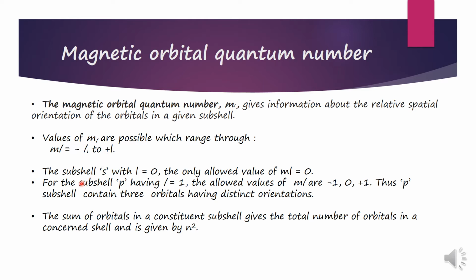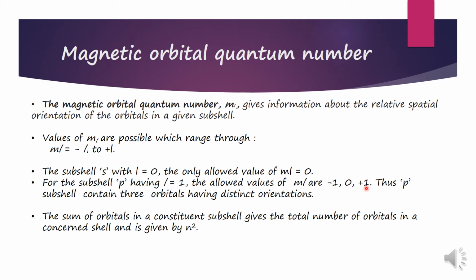Let's suppose I am talking about the p subshell, and in the earlier slide we learned the value of l for the p subshell is 1. That means the allowed values of ml according to the formula minus l to plus l would be minus 1, 0 and plus 1.